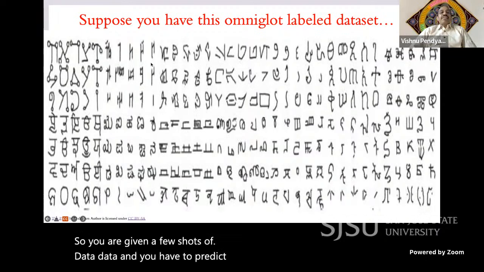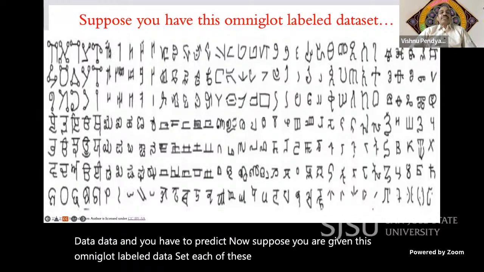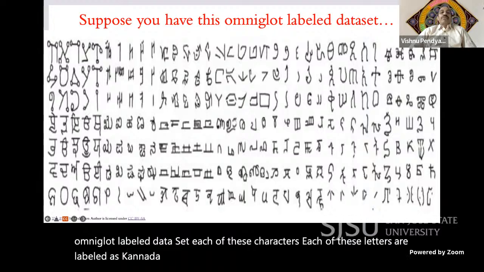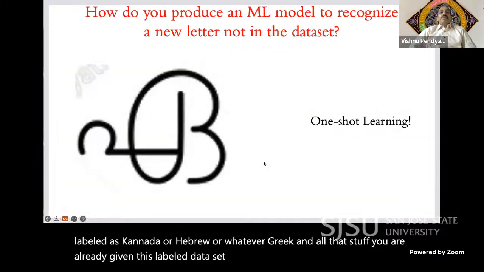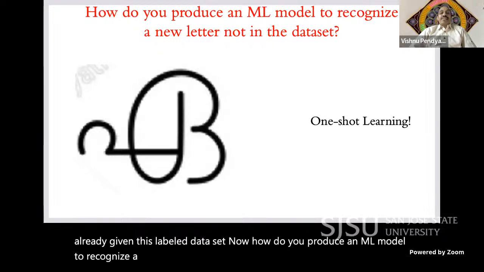Now, suppose you are given this Omniglot labeled data set. Each of these characters, each of these letters are labeled as Kannada or Hebrew or whatever, Greek and all that stuff. You're already given this labeled data set. Now, how do you produce an ML model to recognize a new letter not in the data set?